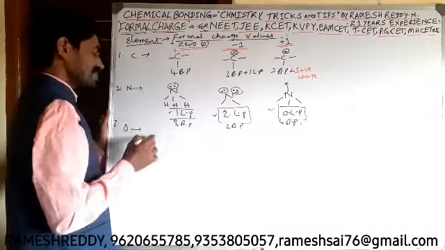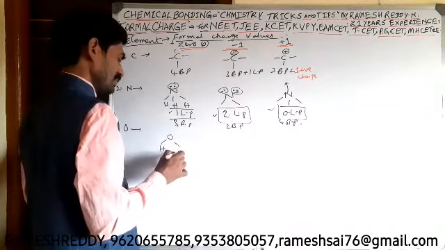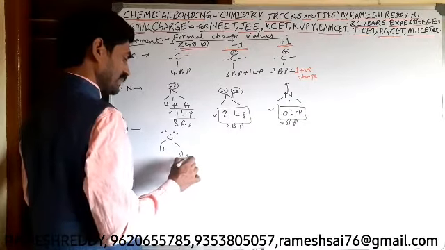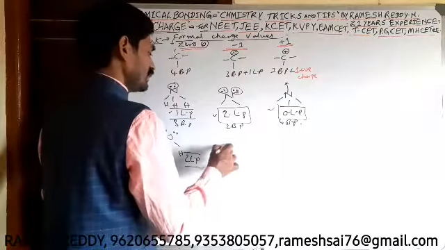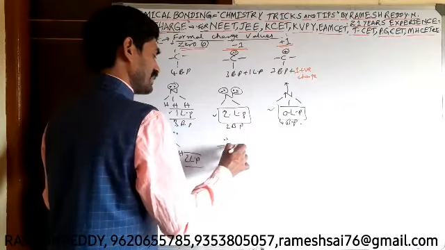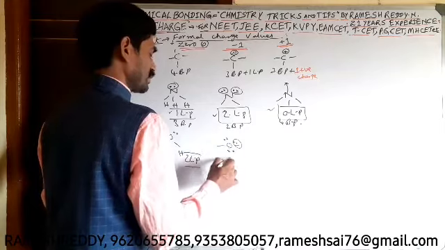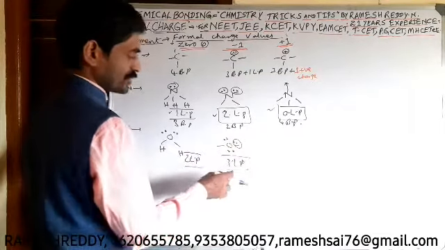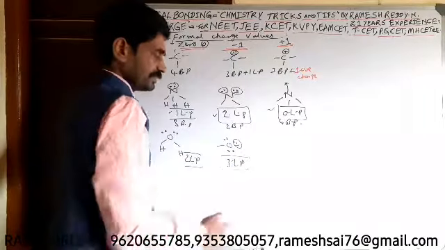In case of oxygen, if it has 2 bond pairs and 2 lone pairs, then the formal charge of oxygen is 0. If oxygen has 3 lone pairs and a negative charge, then the formal charge is minus 1.